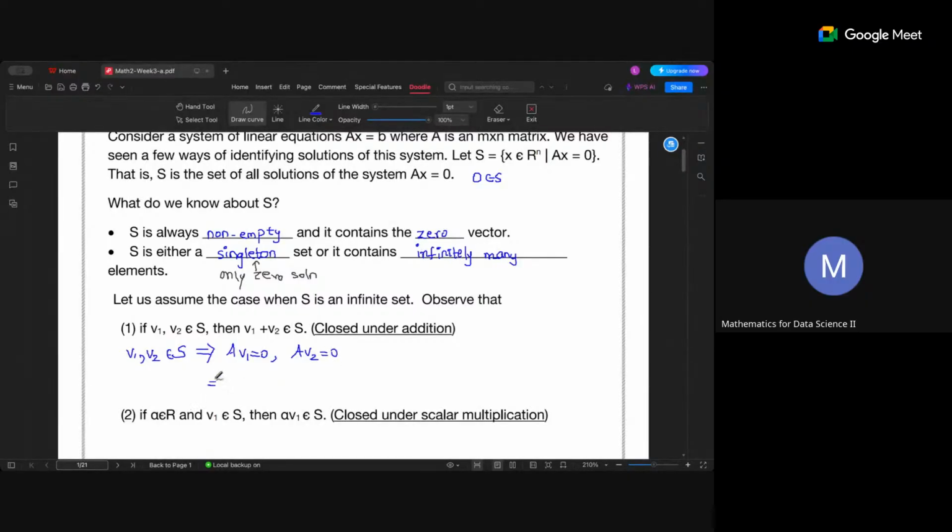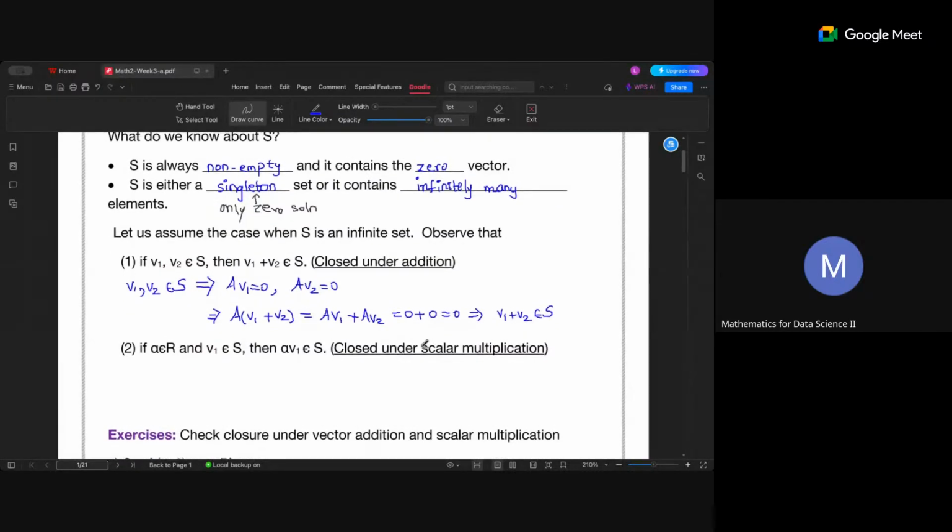Now what can we say about A(V1 + V2)? This is nothing but AV1 + AV2. We can do this operation, right? And AV1 is 0 and AV2 is 0, so it is 0 + 0, hence 0. So V1 + V2 also belongs to S. Clear? V1, V2 belonging to S implies V1 + V2 also belongs to S. So it is closed under addition.